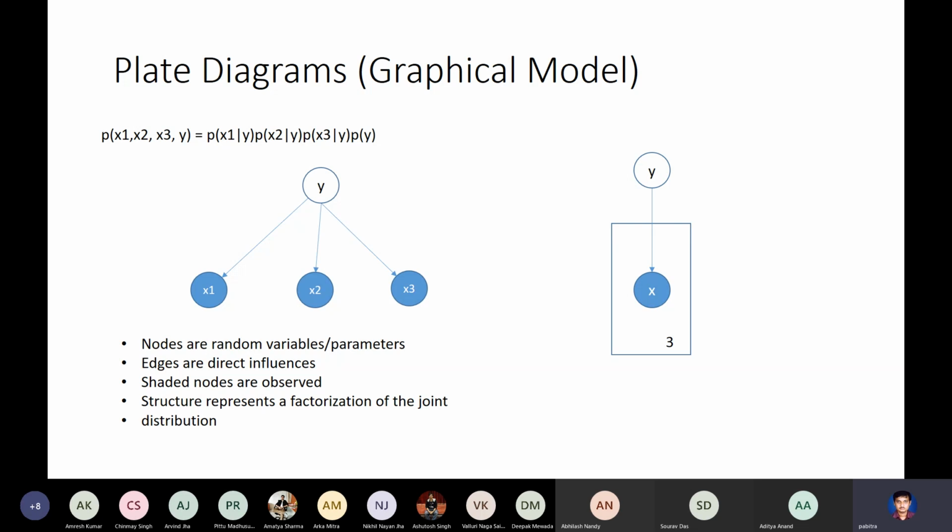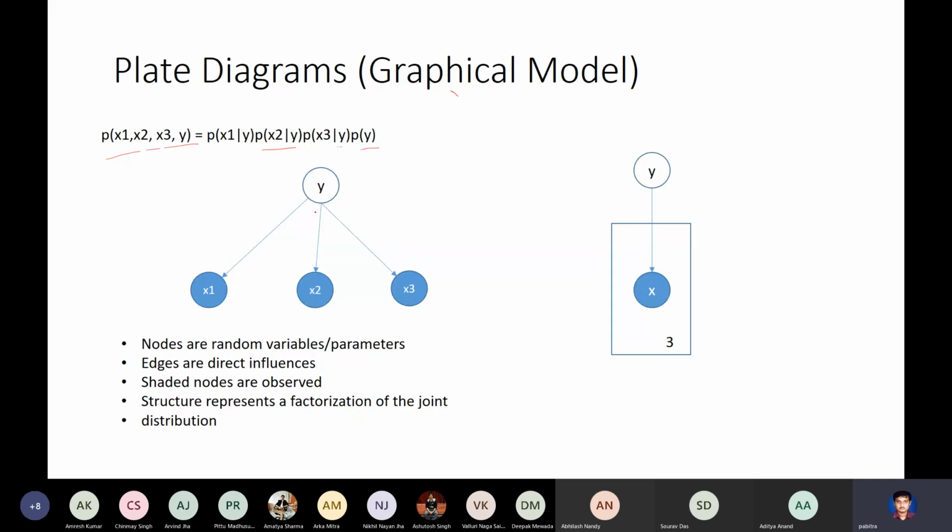If you look at the joint distribution of these 4 variables, this graph would say that the joint distribution can be factorized. How? You look at only the direct dependencies: P(x1 given y), P(x2 given y), P(x3 given y), times P(y).